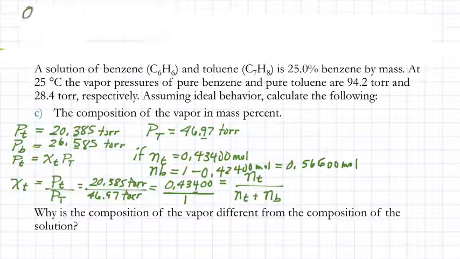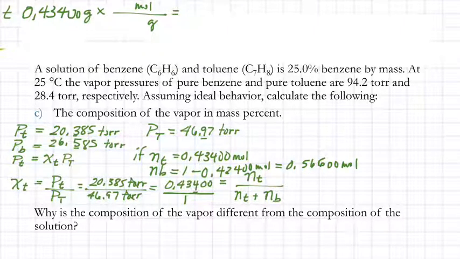We have 0.434 grams of toluene. So we need the molar mass of toluene to get the mass of toluene. And for benzene, we've got 0.566 times its molar mass.